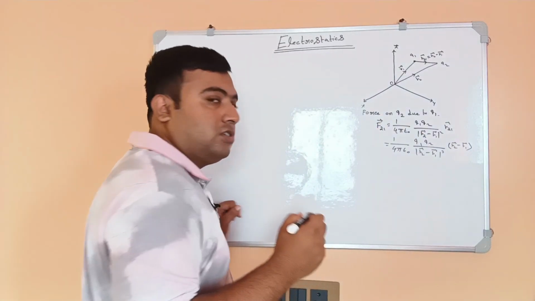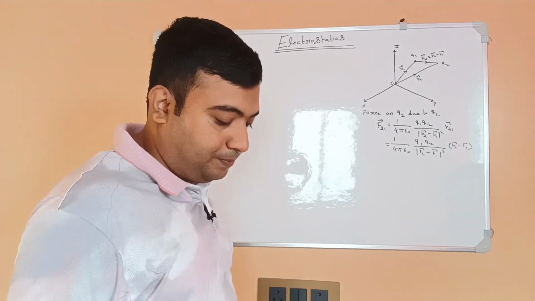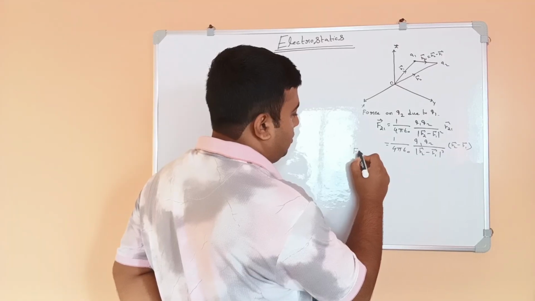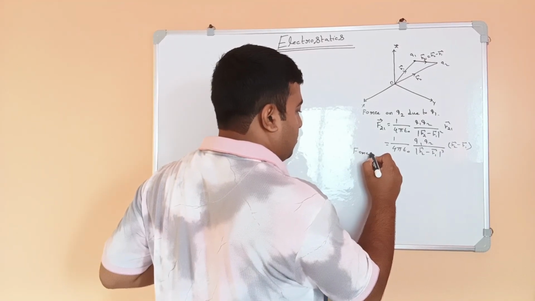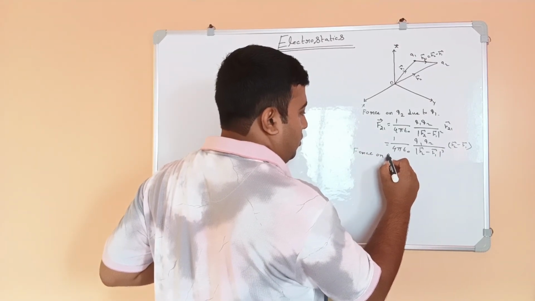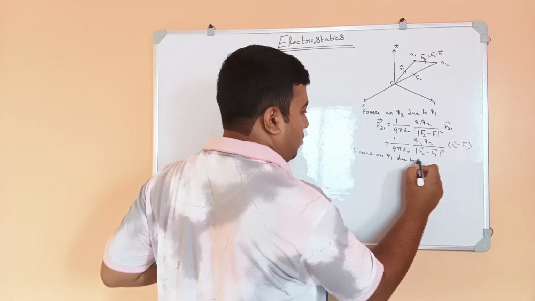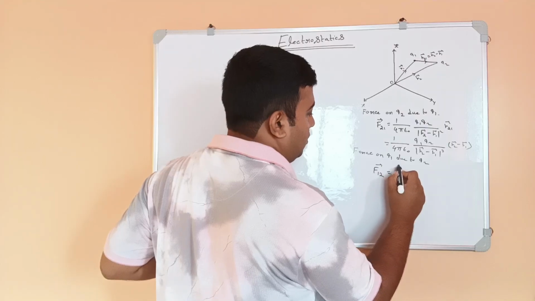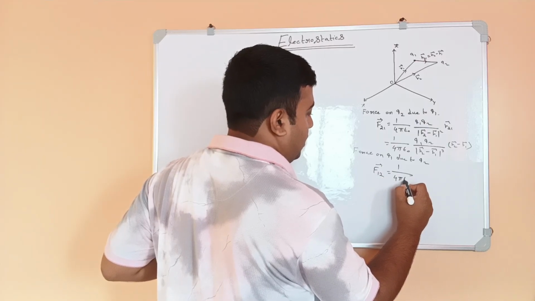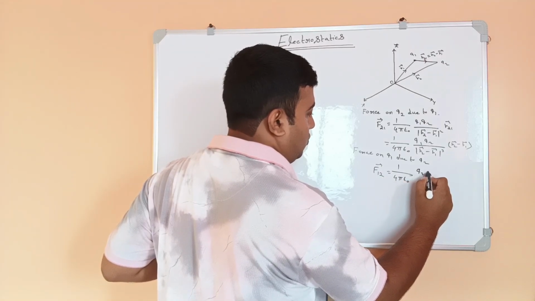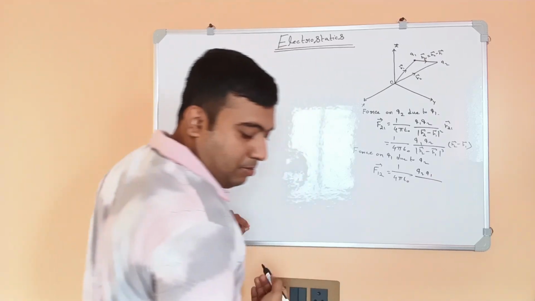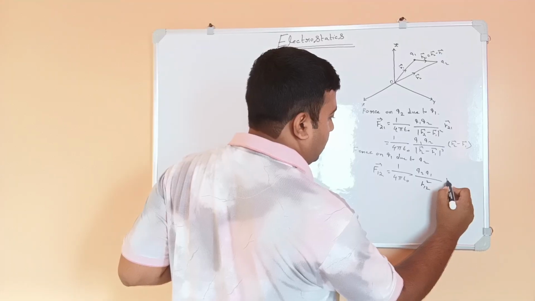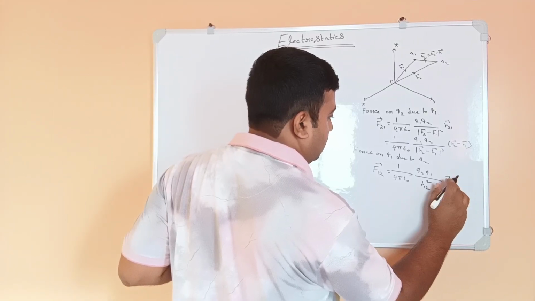So this is the force on Q2 due to Q1, and if we write the force on Q1 due to Q2, that is F12 vector equals 1 by 4 pi epsilon naught into Q2 Q1 divided by R12 square into R12 hat.